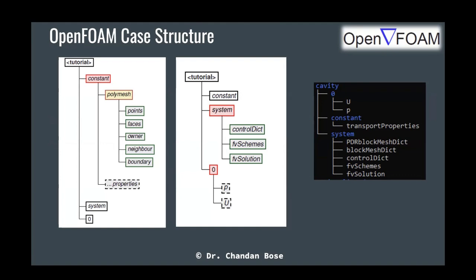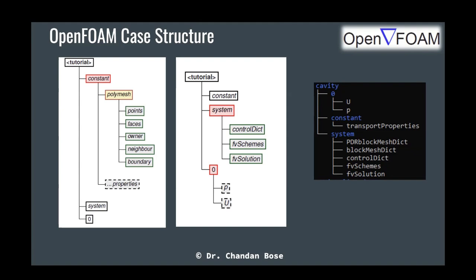So you know what these folders and files are, and why they are named 0, constant, etc. Any problem in OpenFOAM while running any application, we need to use a command like icoFoam or something like that. Is that command connected to the fvSolution file of the system folder? No, that command is connected to the controlDict file.